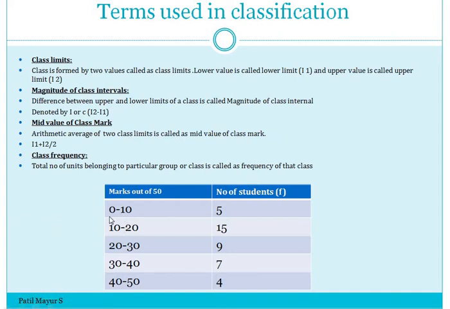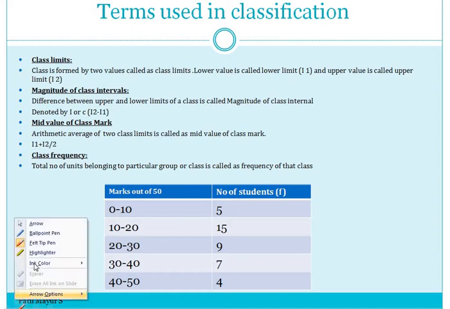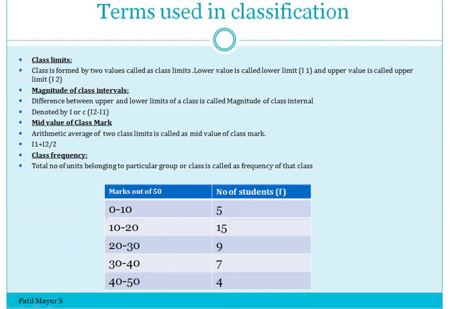First is 0 to 10. If the student got marks within this range, they are placed here. How many students got 0 to 10 marks? There are 5 students.